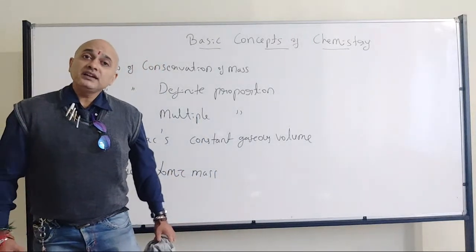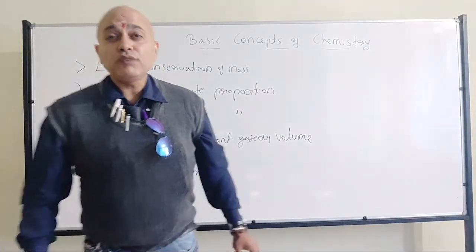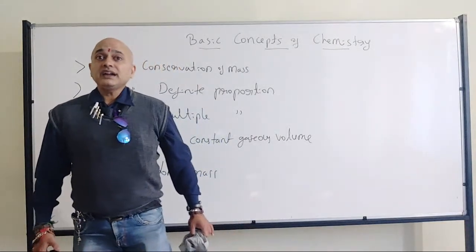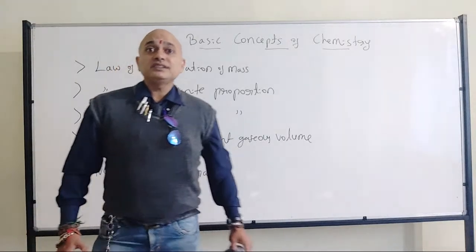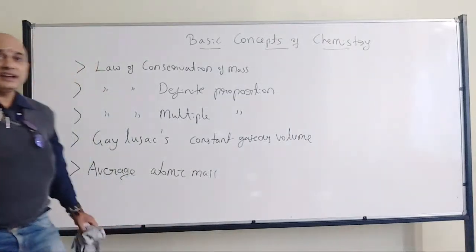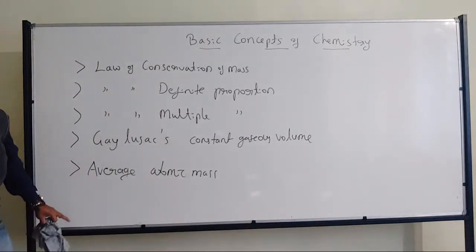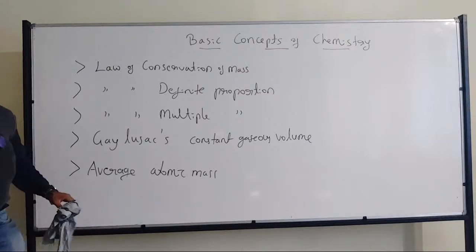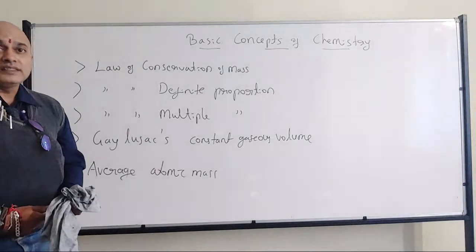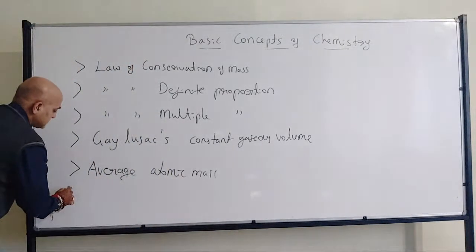Carbon 13 is somewhere around 1.1%. And carbon 14 is very small, 2 into 10 to the power of minus 10. By considering that percent appearance we calculate, and that's why it is called average atomic mass.